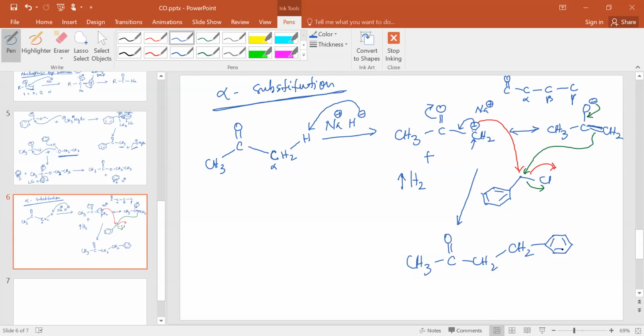See, here what happened is that at the alpha carbon, one of the hydrogens is substituted by a benzyl group. That's why this is called alpha substitution. In the book it's given as a generic thing, so read that one.